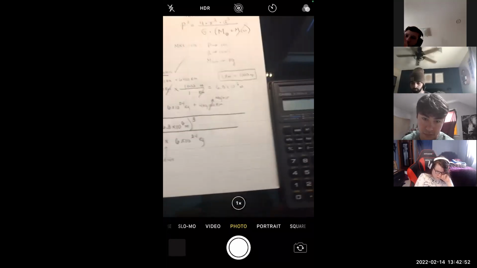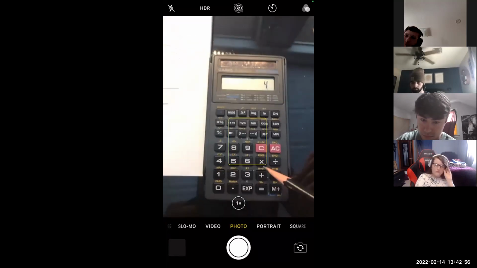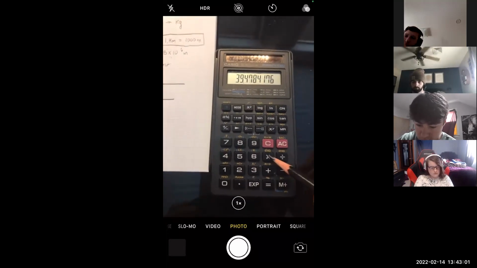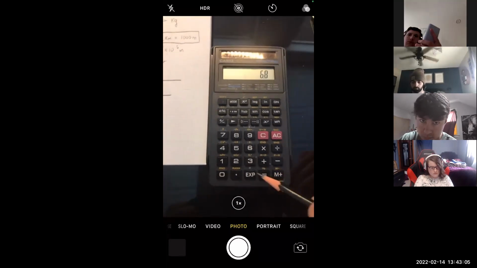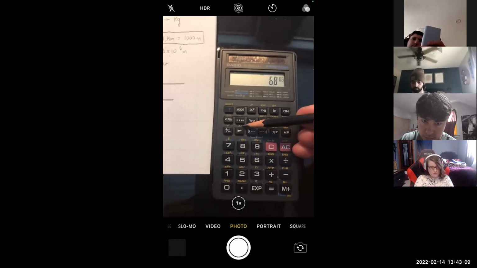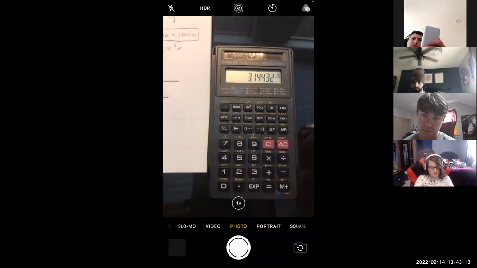So watch me do this and punch along with me, okay? We're going to do 4 times pi squared times 6.8 exp6. Then I'm going to cube it. The cube is right there, so I have to go shift x cubed.